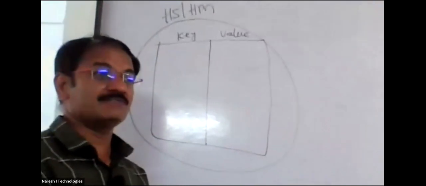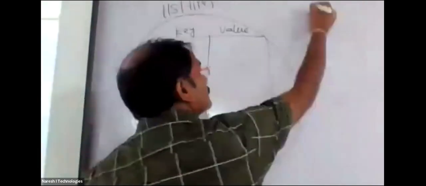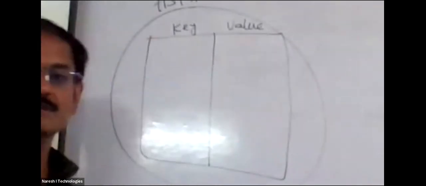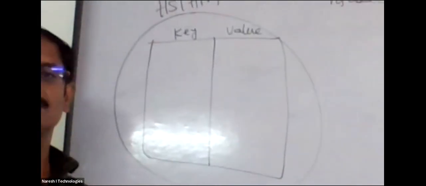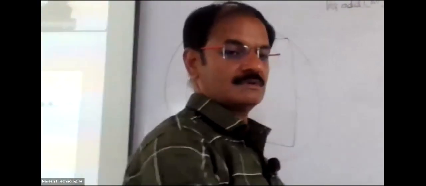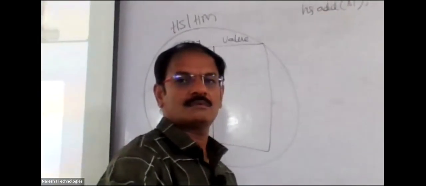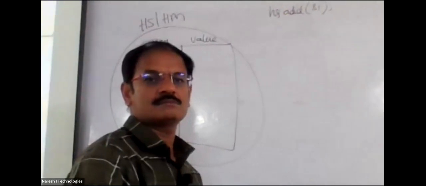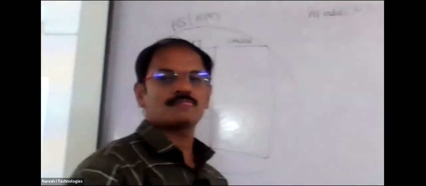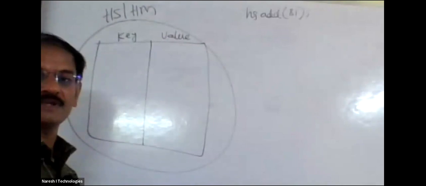Now tell me, what is the first method you have called? HS dot add of S1. When I call HS dot add of S1, what happened?